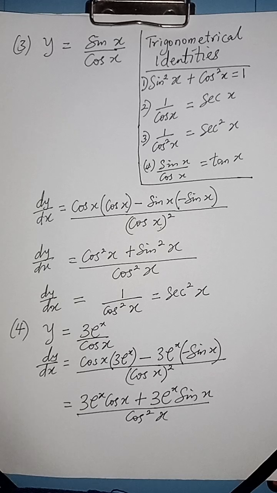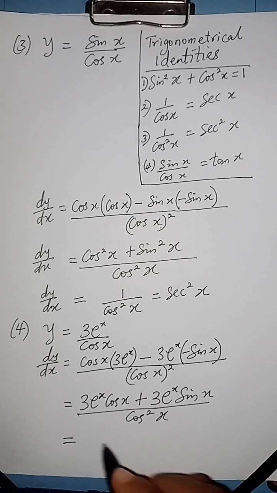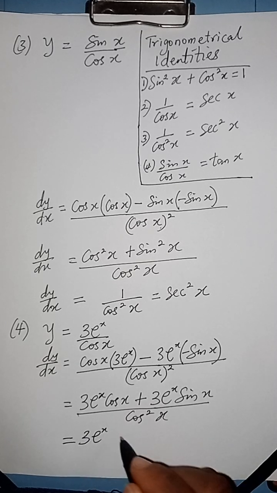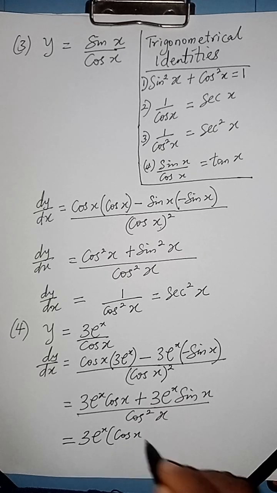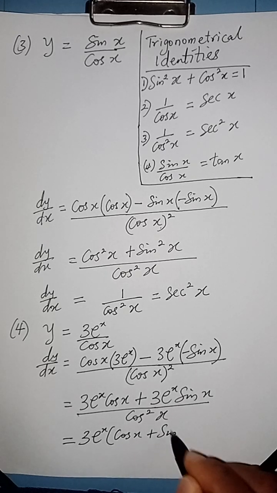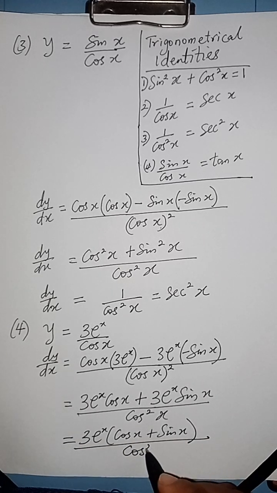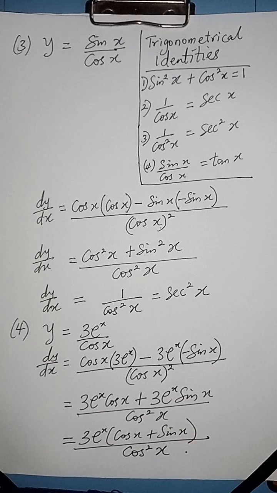That's it. Now you can decide to take a step further, factorizing to get a final equation. Highest common factor here is 3 e raised to x. So this is cos x plus sine x over cos square x. So that is the solution to the question.